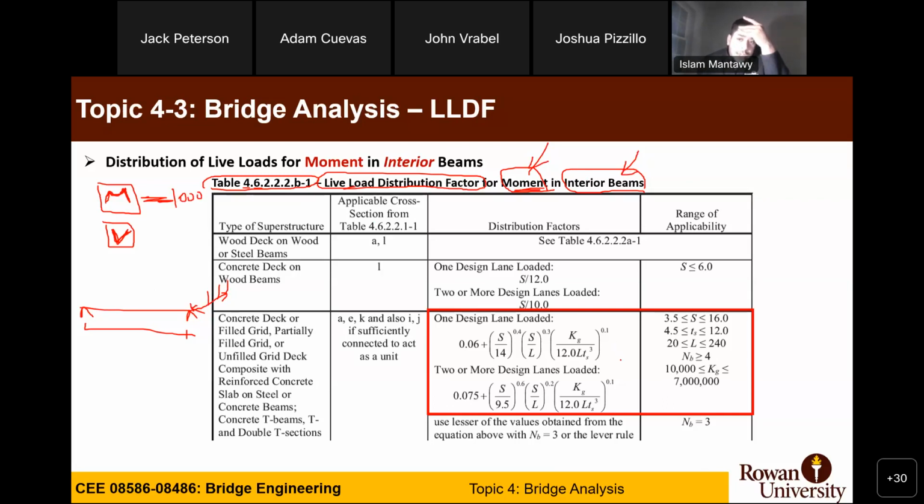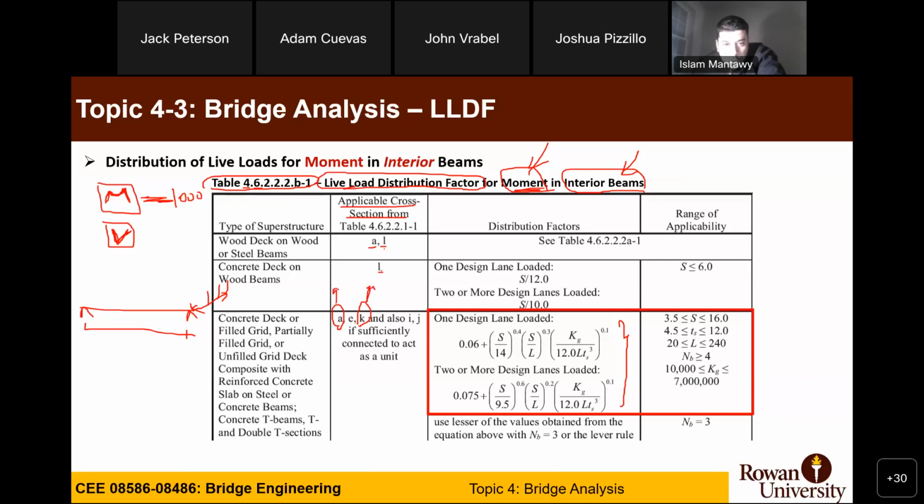And you see how ugly the equation looks? In order to read this table, it asks what is the applicable cross section, A or I, or L, E, K, whatever. We are A or K, because of the focus of the class, either steel or precast, pre-stressed concrete, correct?